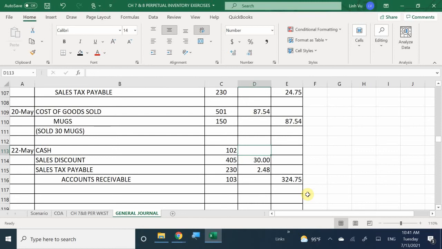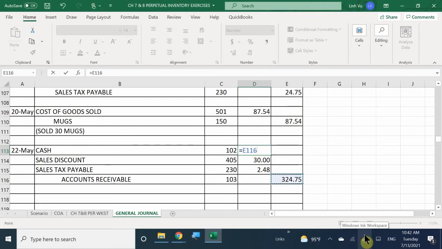I've already charged him tax for the full amount, so I have to give him back his tax, and it's for $2.48. So what is my grand total amount of cash that I should be receiving from Customer B?